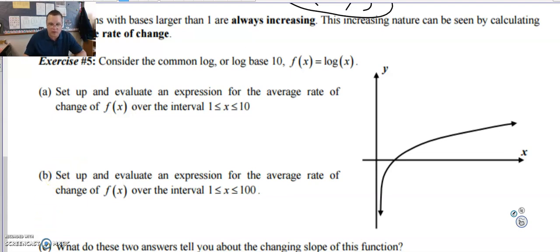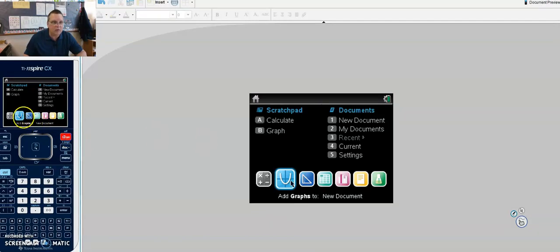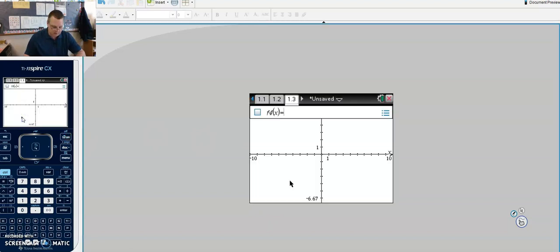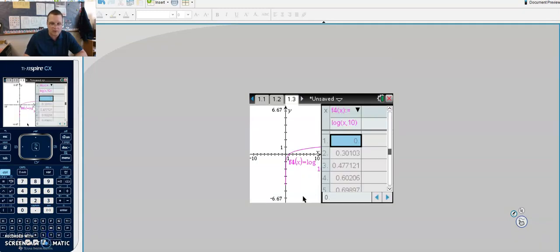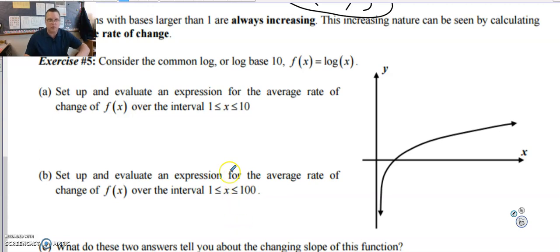So we go to the calculator, and I'm going to get a new graph here. And this graph is log x. That's it. So it's just log of x. Enter. So there it is. And I'm going to control T it. So we want to find the interval 1 to 10.